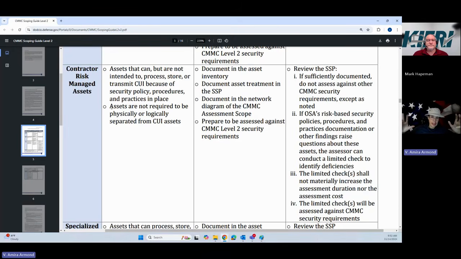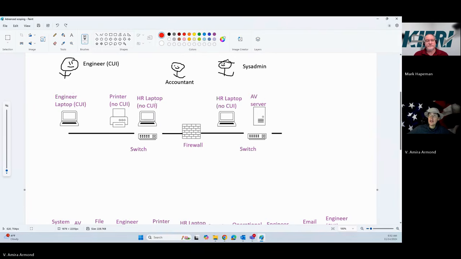And we feel that anything inside that network that has the ability to communicate laterally, we feel that these devices, since they can talk to a CUI asset, need to be secure.